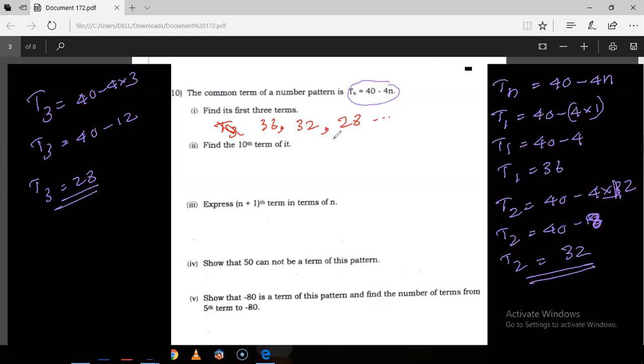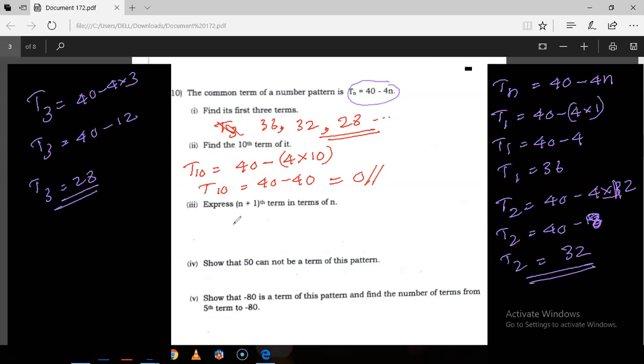Find the 10th term of it. T10 equals 40 minus 4 into 10. T10 equals 40 minus 40, that is 0. The 10th term is 0.